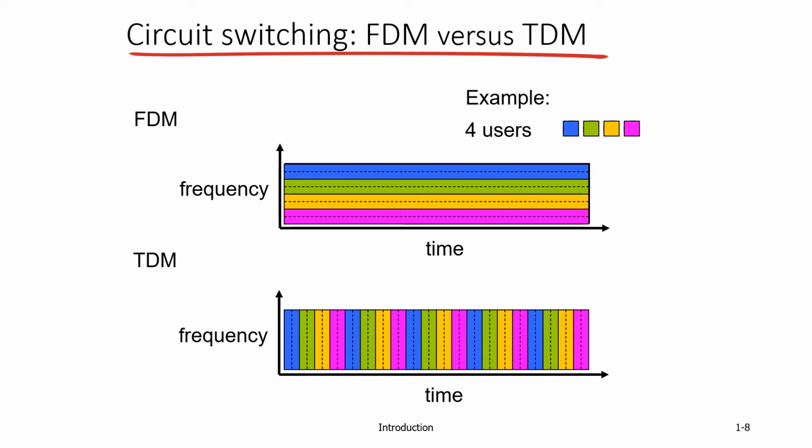Because in a typical or traditional circuit switching network, you need to have at least one link between each pair of sender and receiver. If you want to add more end systems, you need more links because each pair is going to use a dedicated link. But that is not an economical solution. Therefore, in order to share the same link between multiple end systems, we have the feasibility of using either frequency division multiplexing or time division multiplexing.